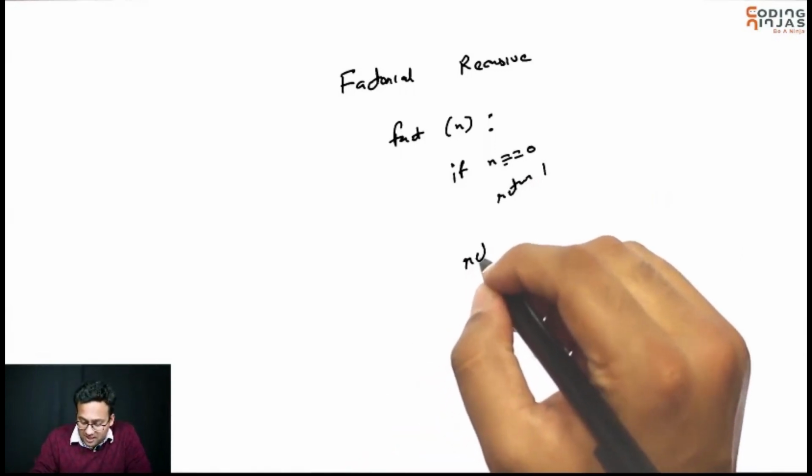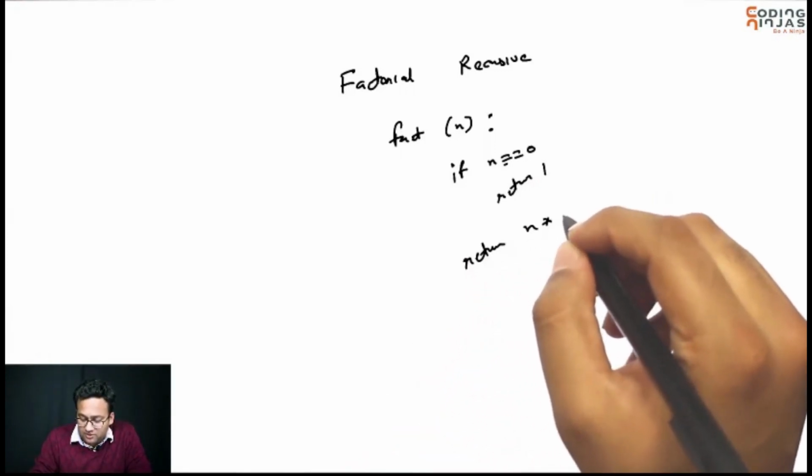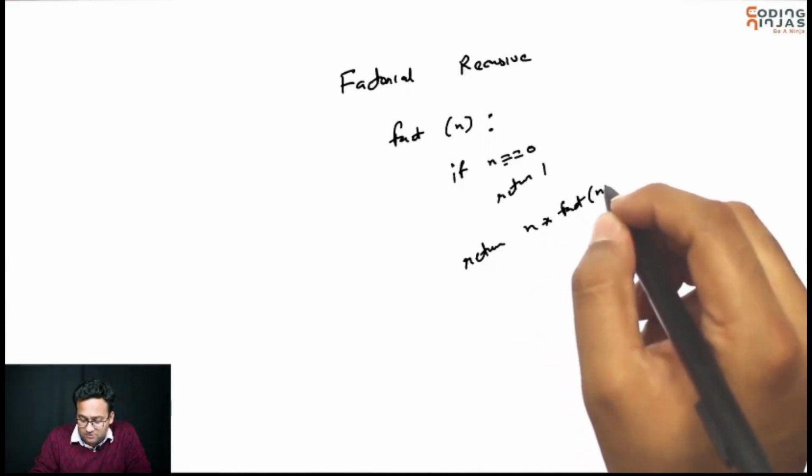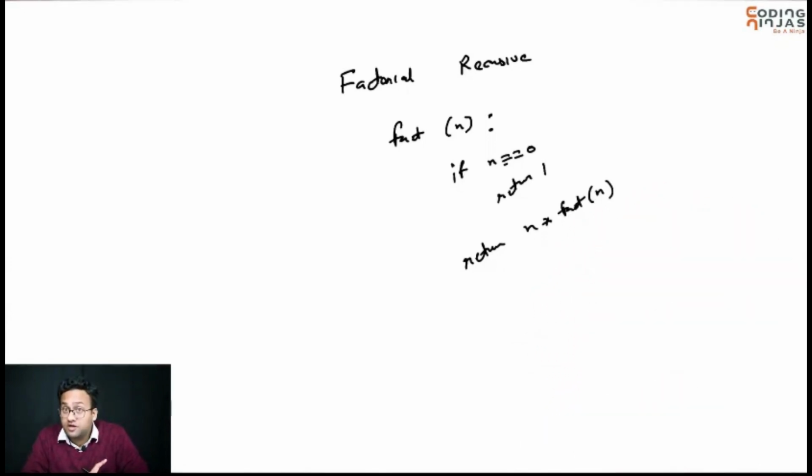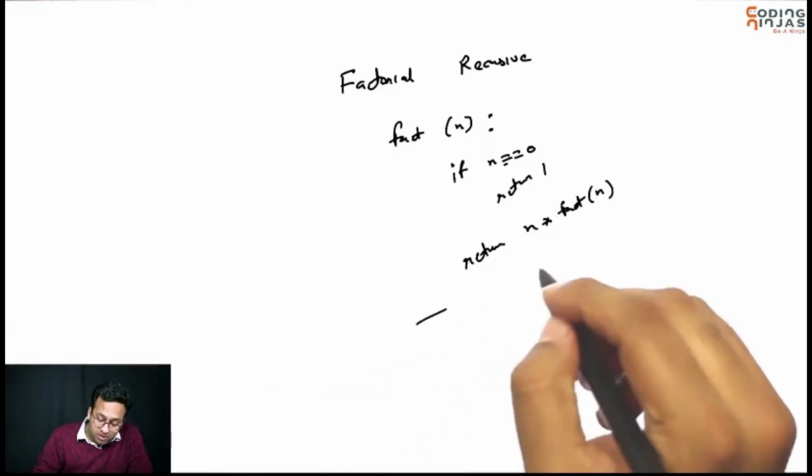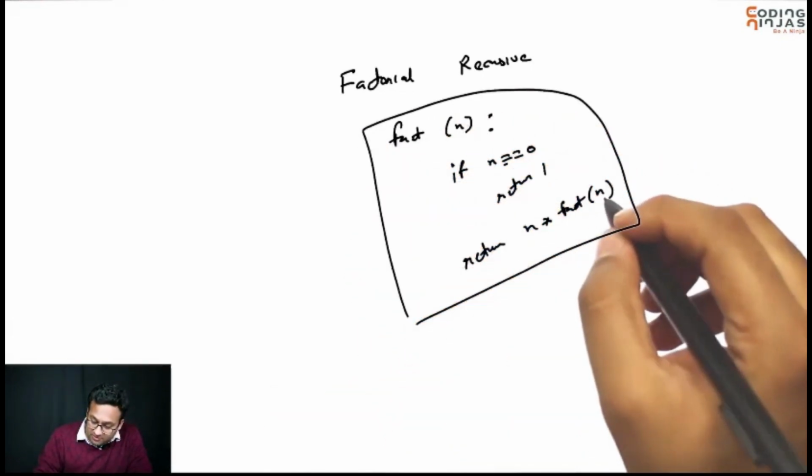Otherwise, I will return n into factorial of n minus 1. So in a way you will see I haven't created even a single variable.